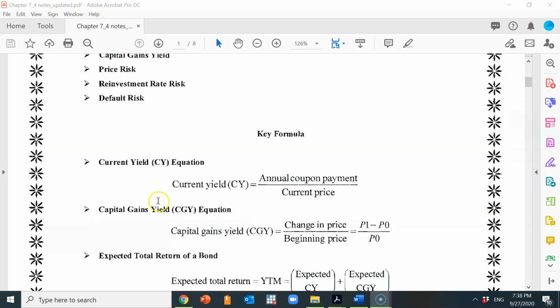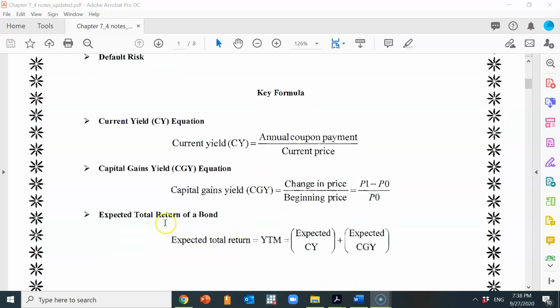The key formulas in this lecture are how to calculate current yield or capital gains yield for a bond. When we add up these two yields, it equals yield to maturity, or the expected total return of a bond.